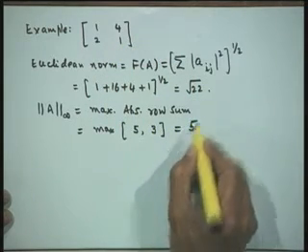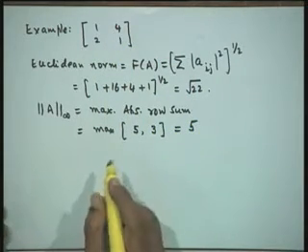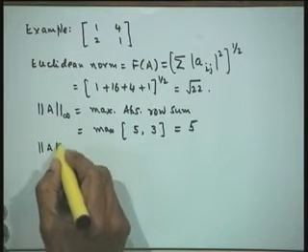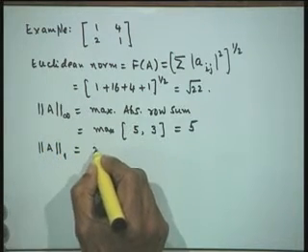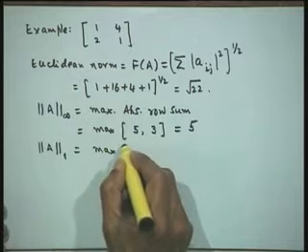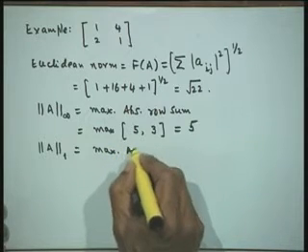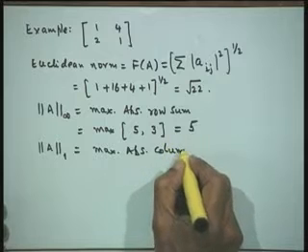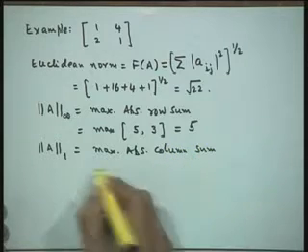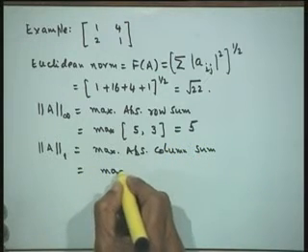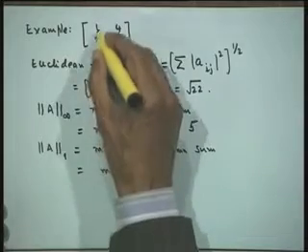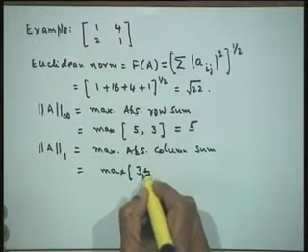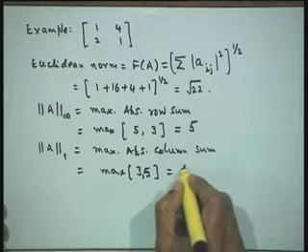So, this is 5. Then we have given the maximum absolute column sum also as a measure. This is 3, this is 5. So, this is 3 and 5, that is again equal to 5.